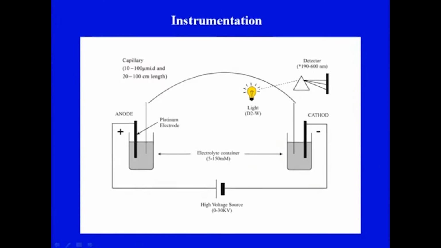We will see how. The main components are the sample vial, source and destination vials, capillary, electrodes, a high voltage power supply, a detector, and data output and handling devices.